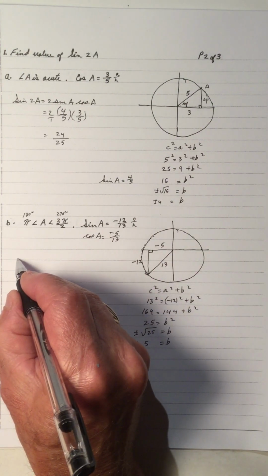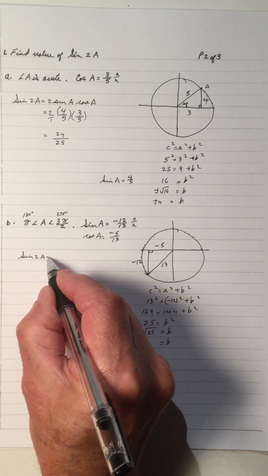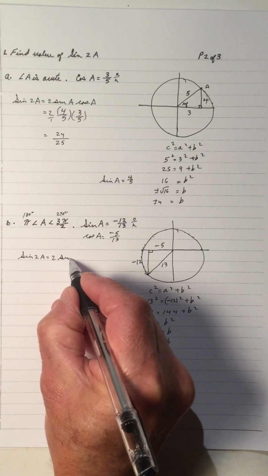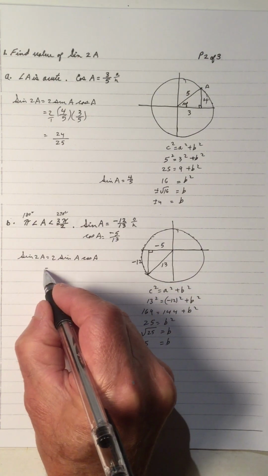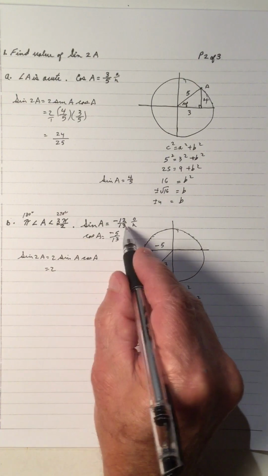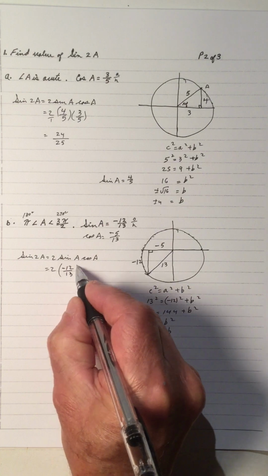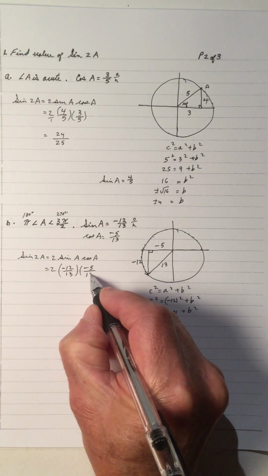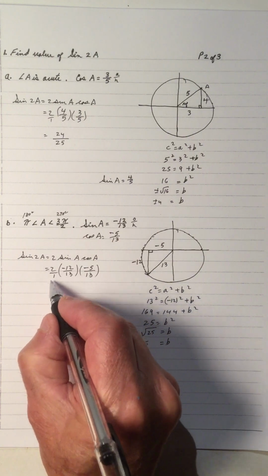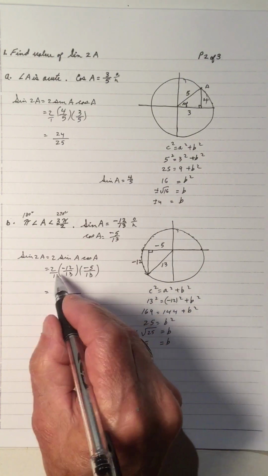So we need the sine of 2A, which is 2 sine A cos A. And sine A is negative 12 over 13. Cos A is negative 5 over 13. The 2 is over 1, and we can multiply the numerators.